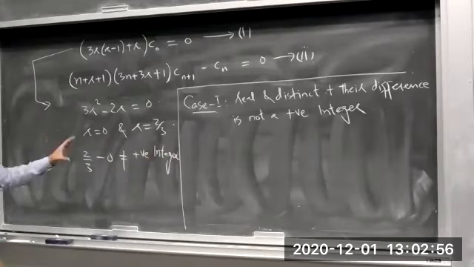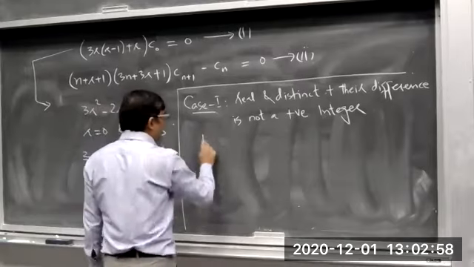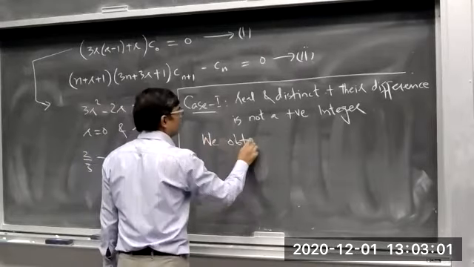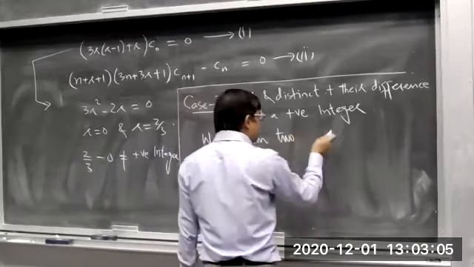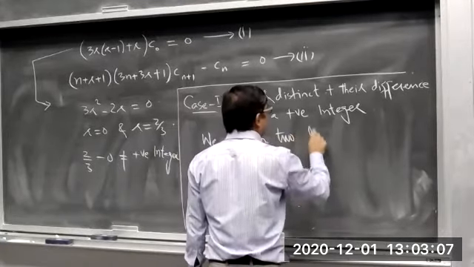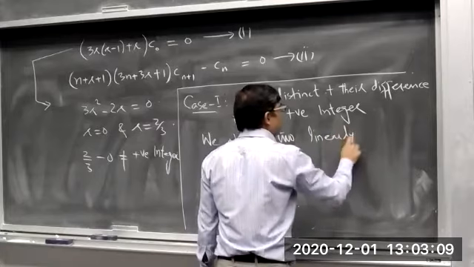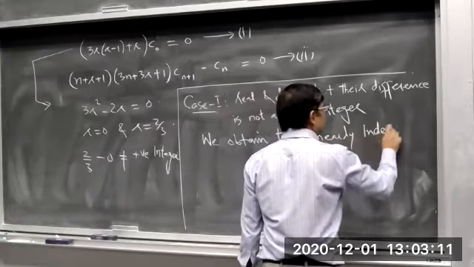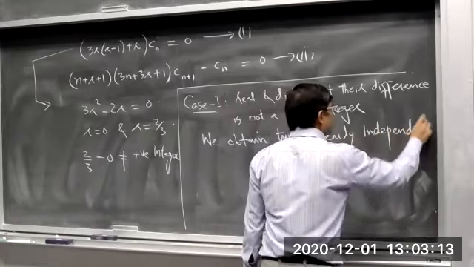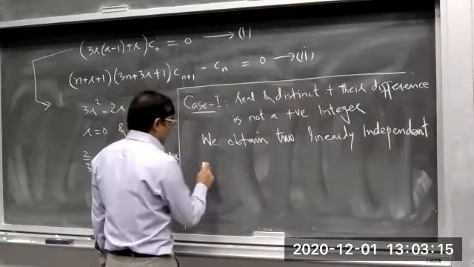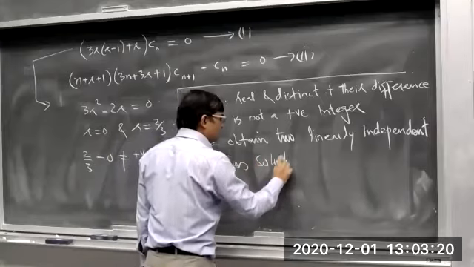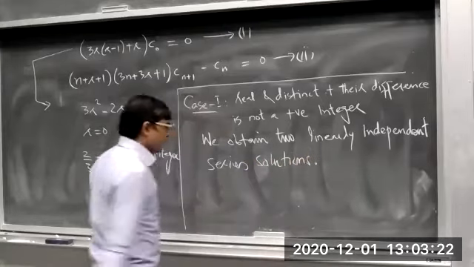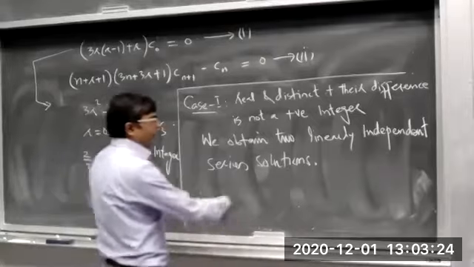In that case, we obtain two distinct, or linearly independent, series solutions y1 and y2.